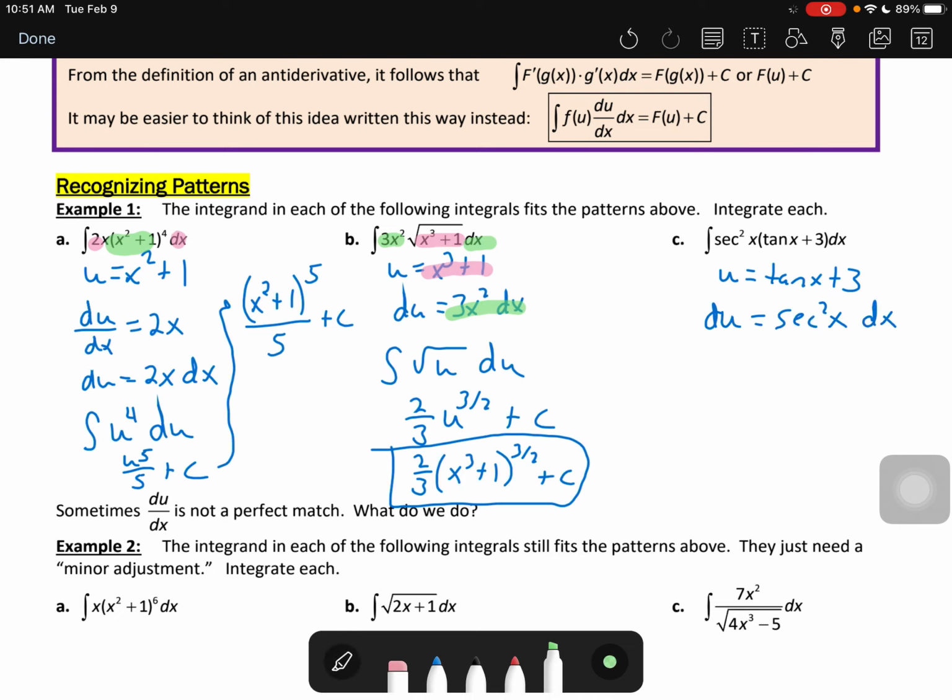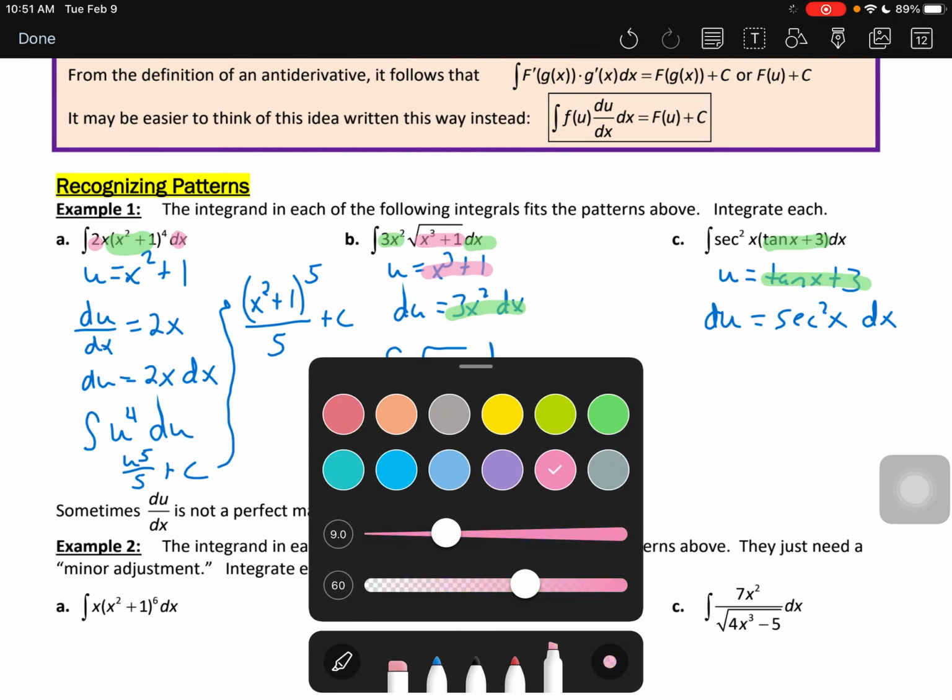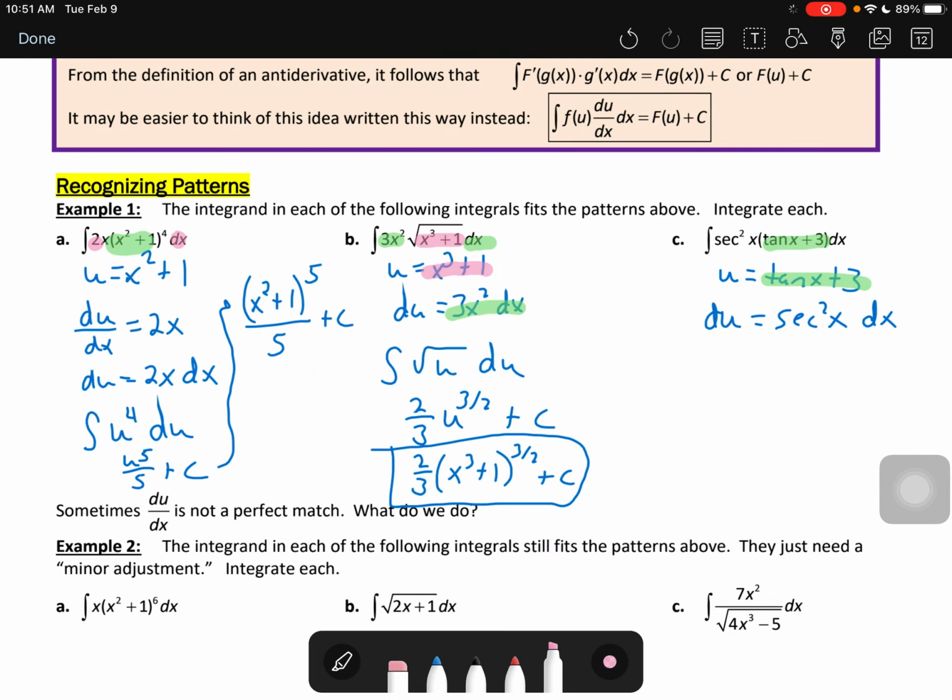Okay, so once again, tangent x plus 3 is going to be replaced with a u, and the secant squared dx right there is going to get replaced with du. So I have a pretty simple expression again. This part just becomes u, and the secant squared dx is du, so it's really just u du.